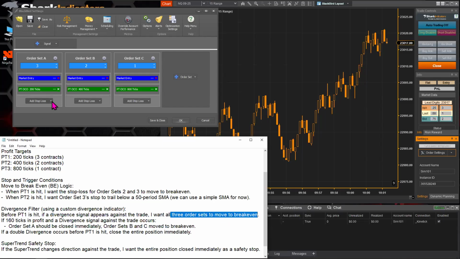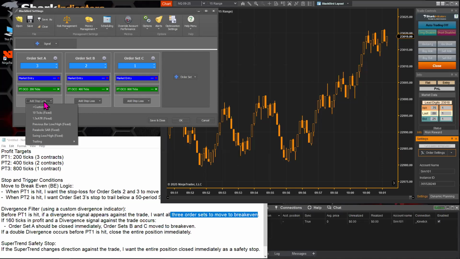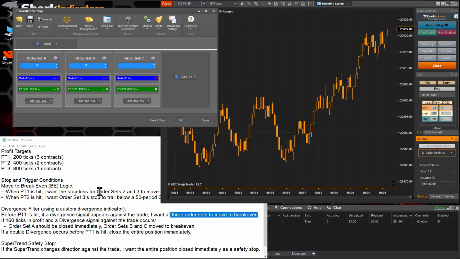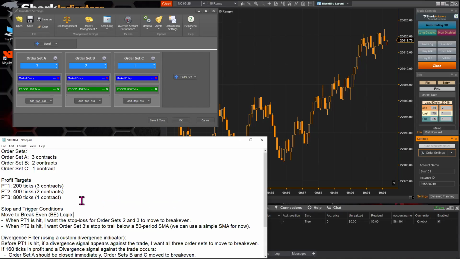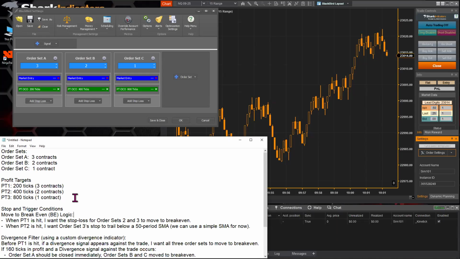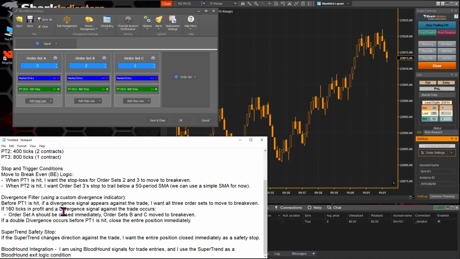All right, and actually, you know what, I just realized I don't actually have what the stop loss initial settings are.